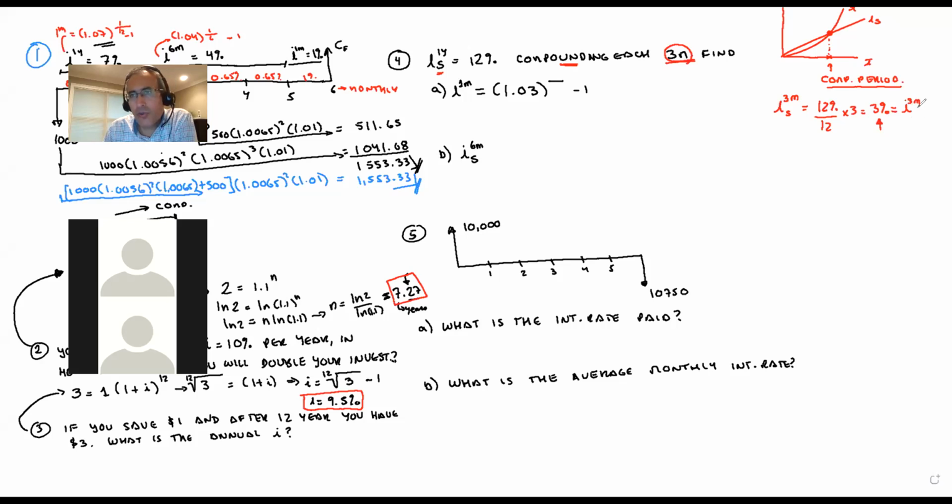This rate here is for 3 months. So this 3% corresponds to 3 months. So what goes up and what goes down? I'm interested in the 1 month. What goes up? 1. And then 3 in the denominator. Perfect. Can you give me this number?